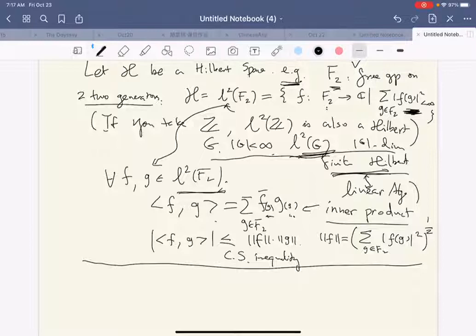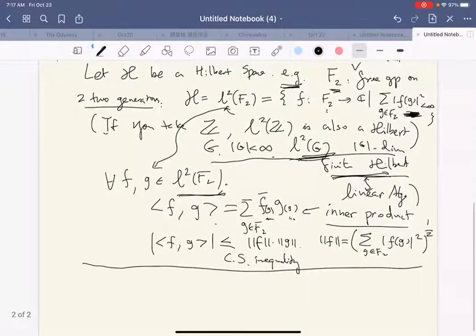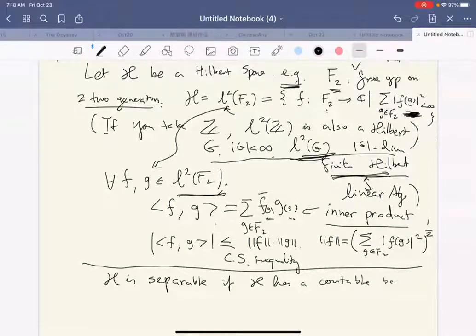But usually we like separable because separable means that it has a countable basis. Sorry, I used terminology I didn't explain. H is separable if H has a countable basis.